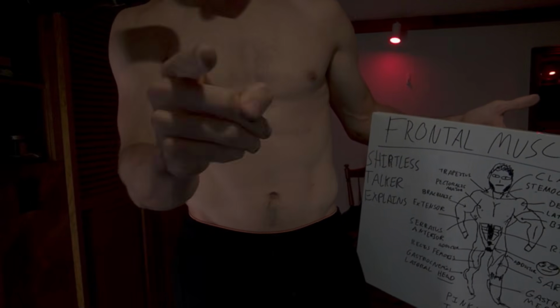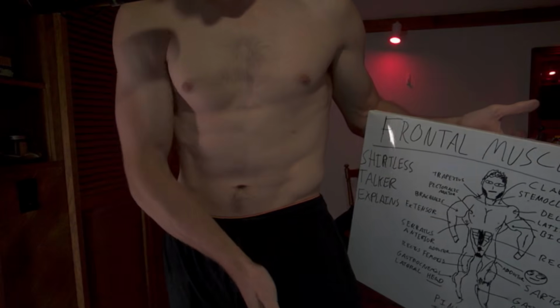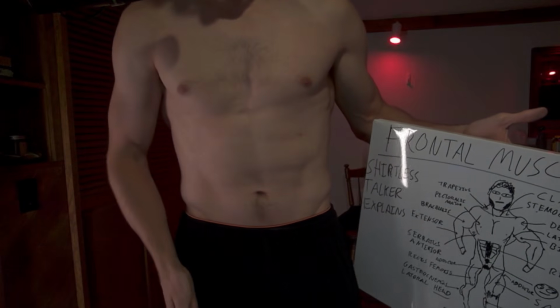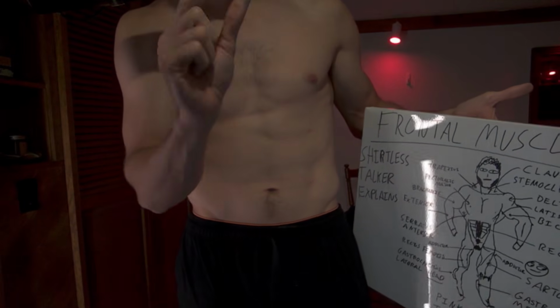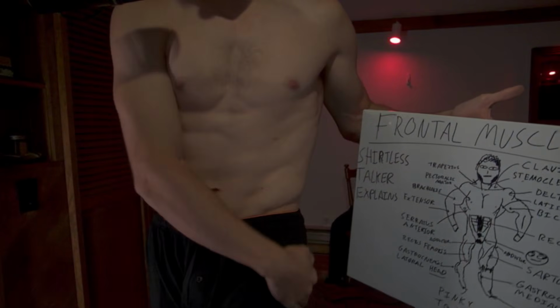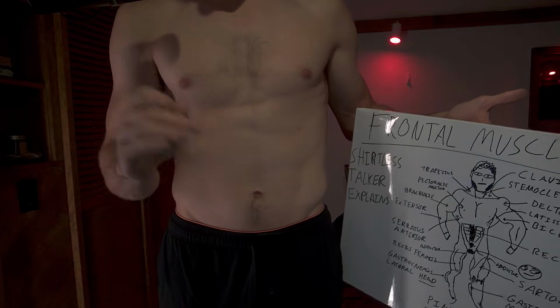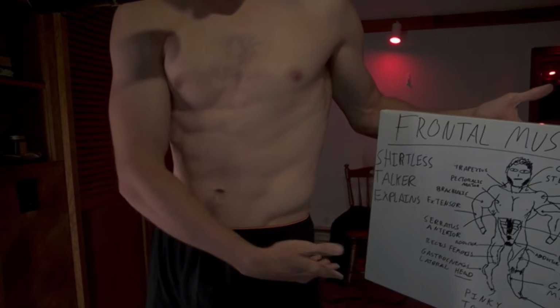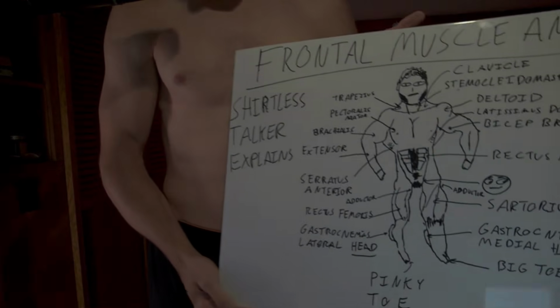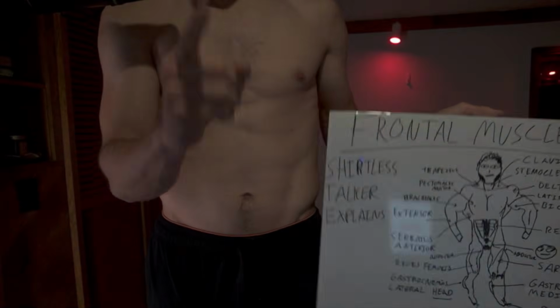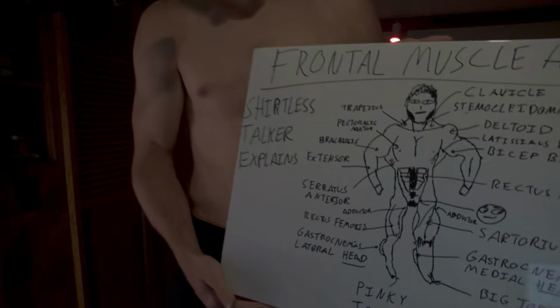You have to add. That's how you know the adductor is on the inside, because with the adductor, you're adding a third leg. The abductor is on the outside. Simplest explanation you will ever have.